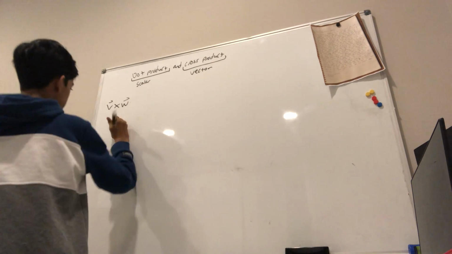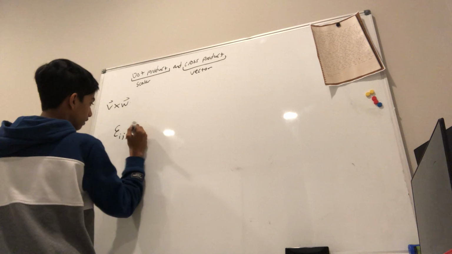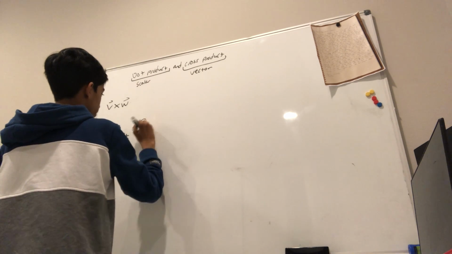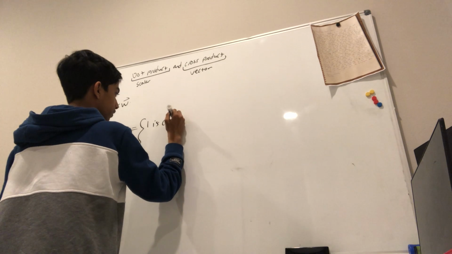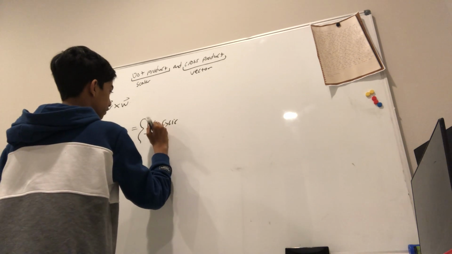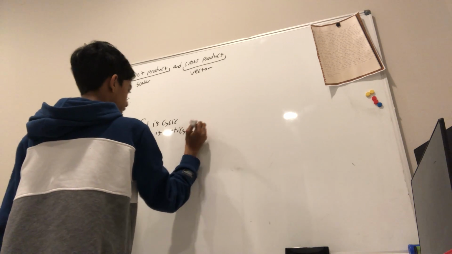Let's talk about the Levi-Civita symbol. It's going to be epsilon ijk equal to 1 if cyclic, -1 if anti-cyclic, and 0 else.